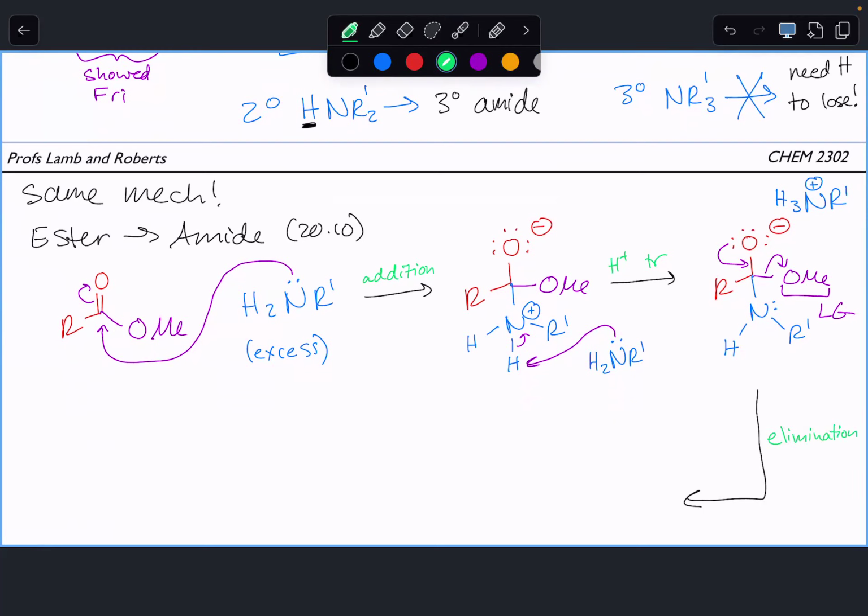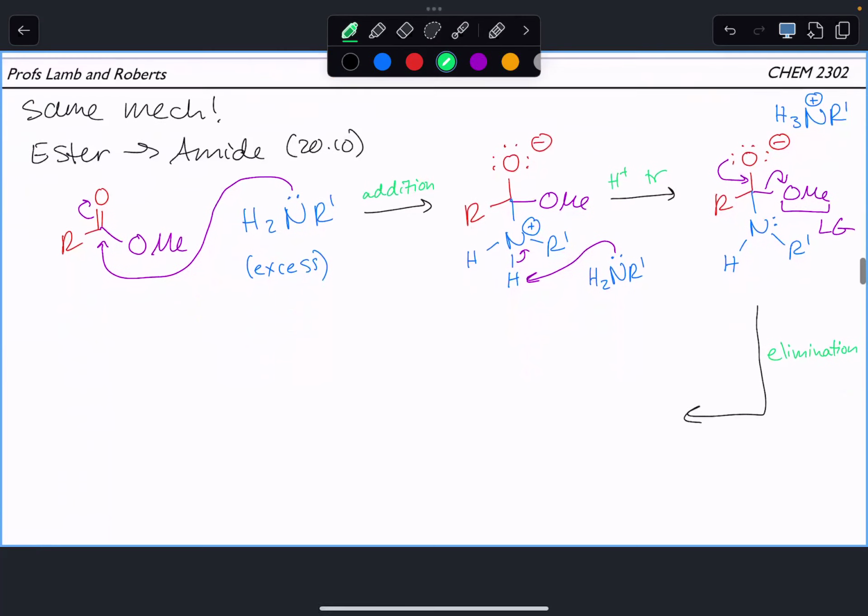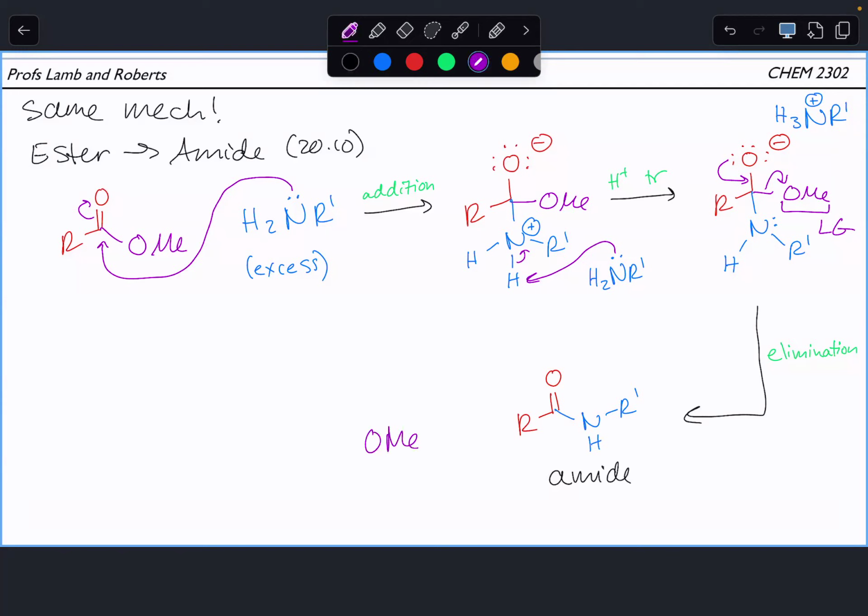Again, addition, elimination, the two important steps in this mechanism. So here's our elimination. We reform our carbonyl. Now it's attached to our nucleophile. So there's our amide product. And then we lost this alkoxide, and our counterion is still this ammonium.